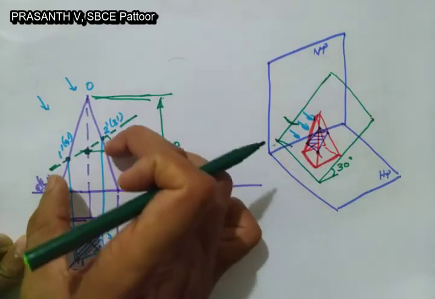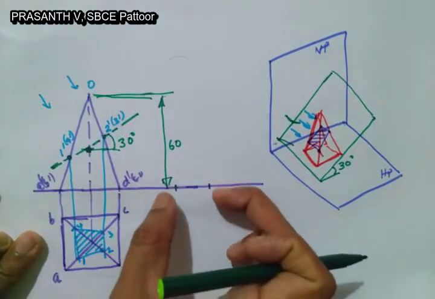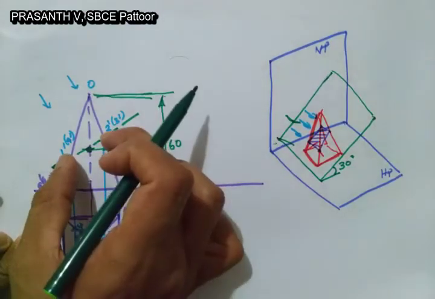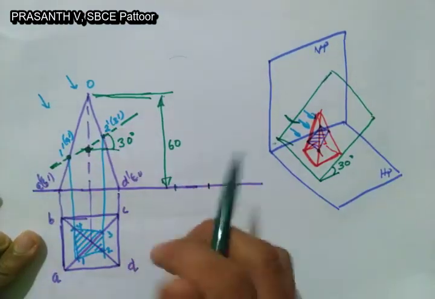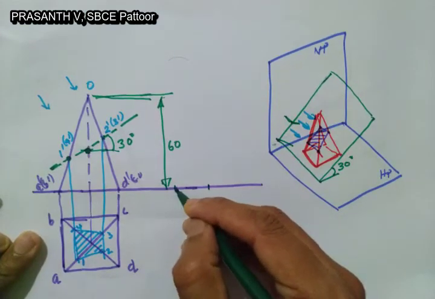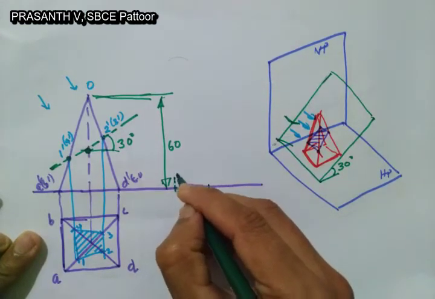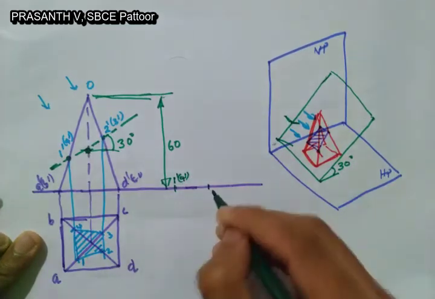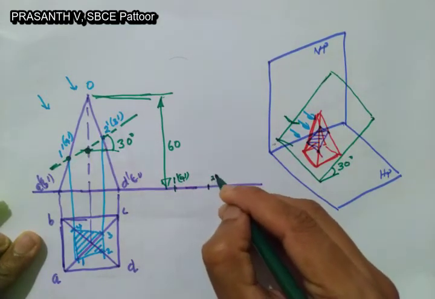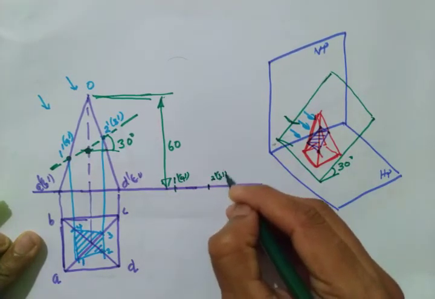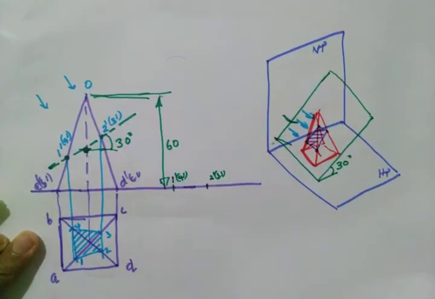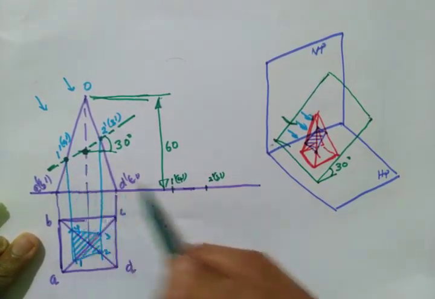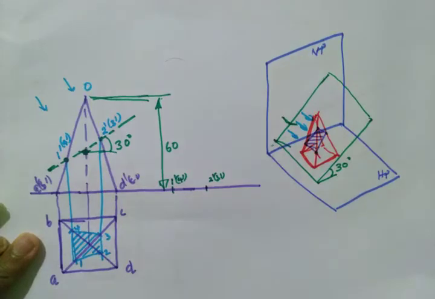I take this distance and mark here, this distance and mark it here. Write down the cutting points also, so that you don't make mistakes. So 1, 4 here, and 2 dash 3 dash here.